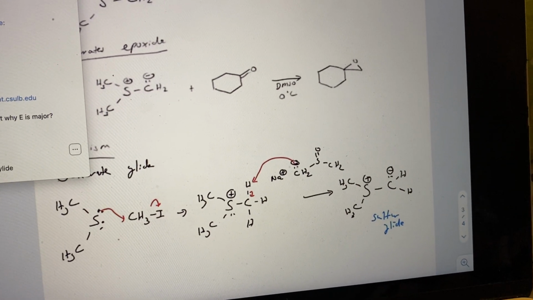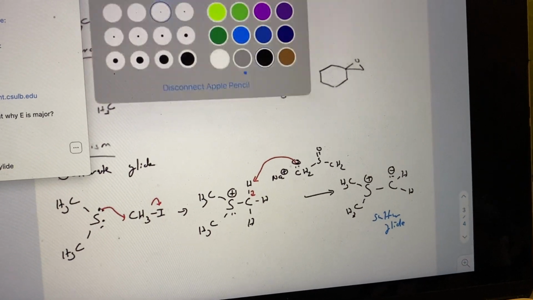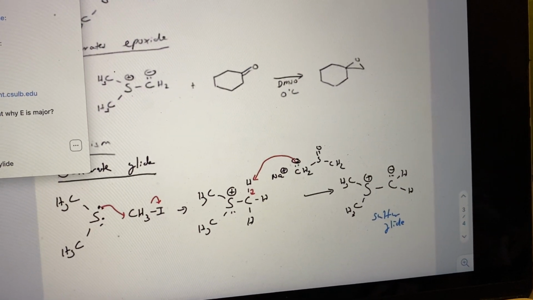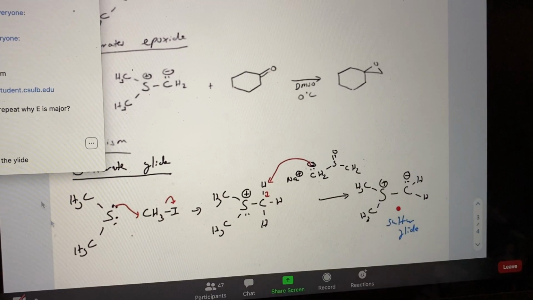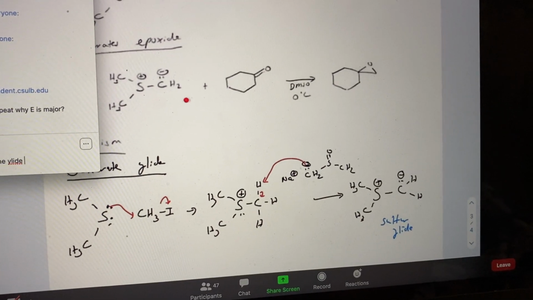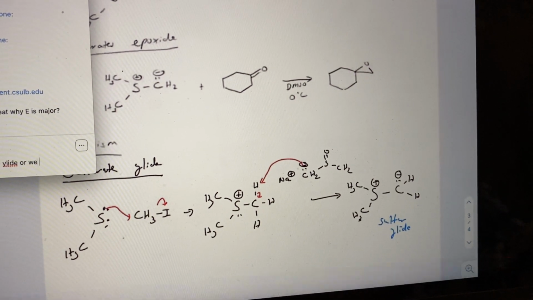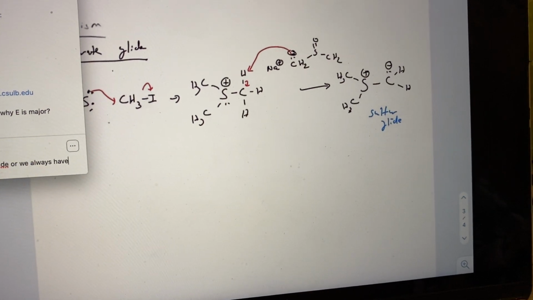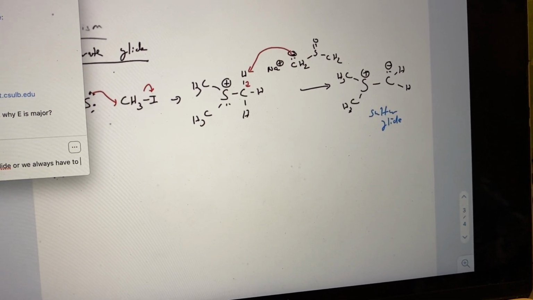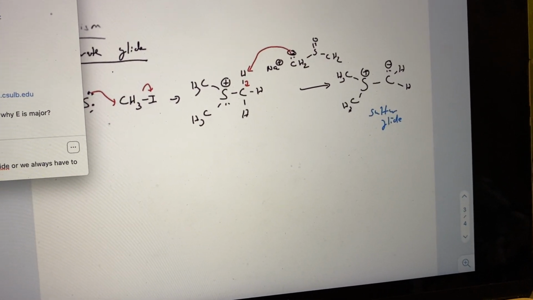So that's step one, generate the ylide. Step two is to do something with it. Now we're going to take this sulfur ylide, which is the species here in the middle of the page, react it with our ketone, and somehow get an epoxide out of it. Let's call it the epoxide forming reaction.